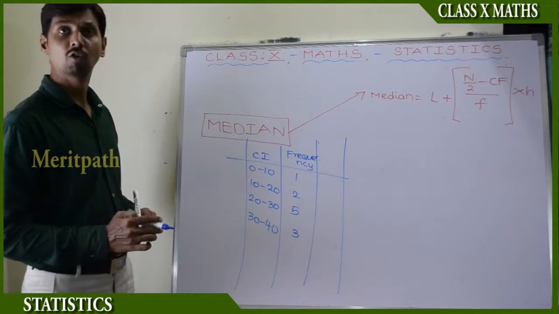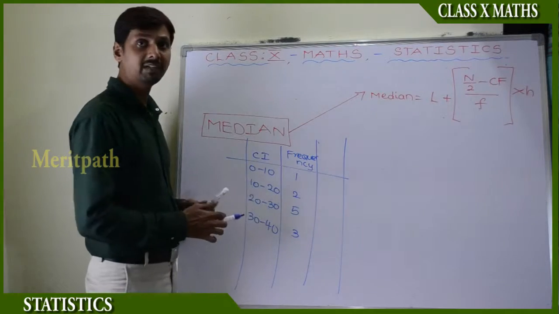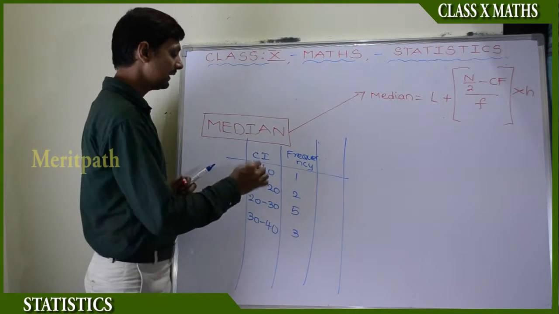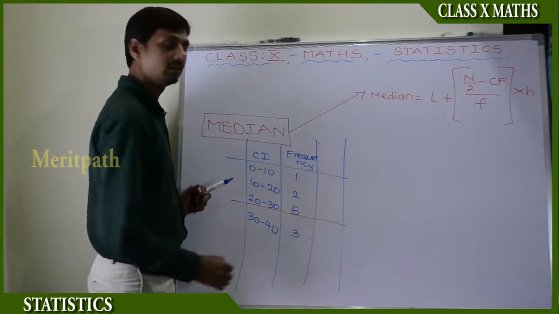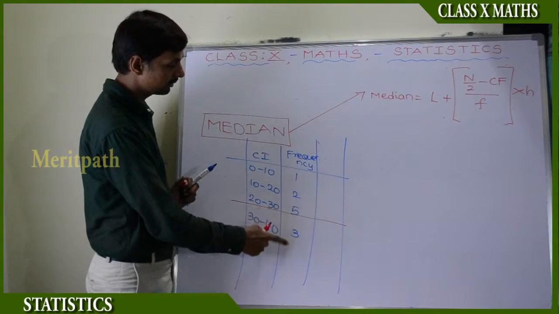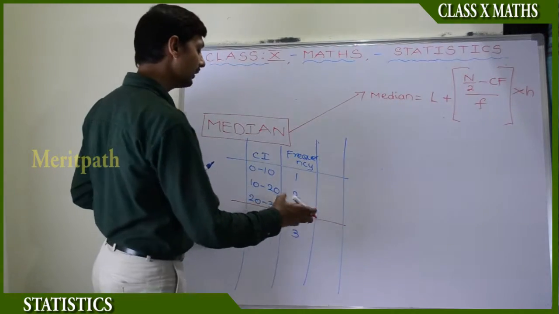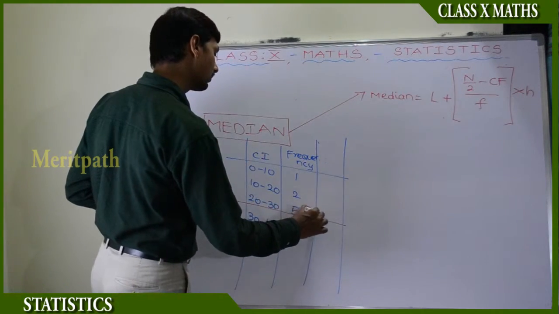Let's find the highest frequency, the highest observation. The highest term here is 5, and this one is called small f.